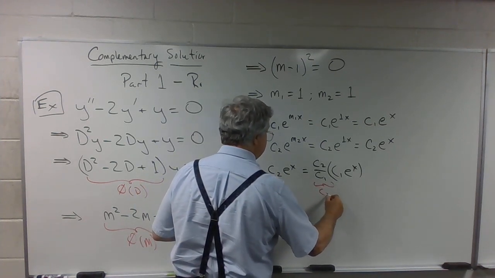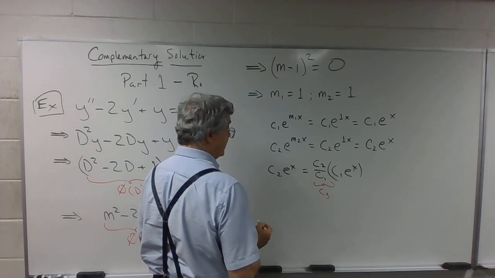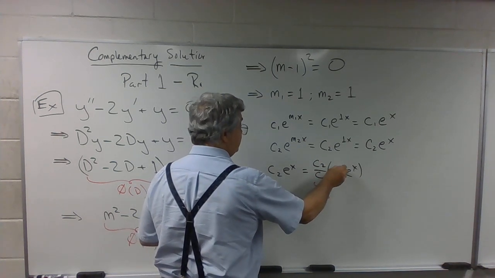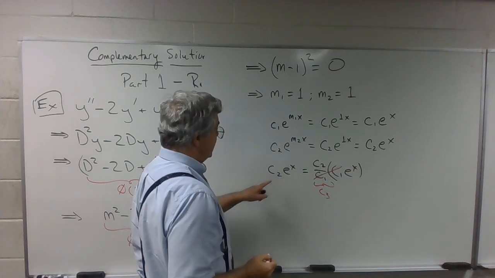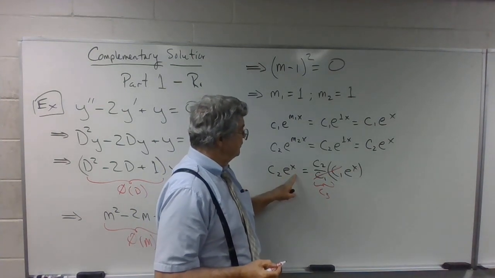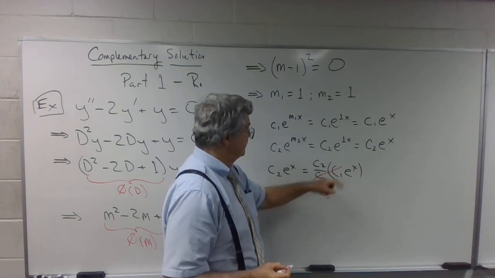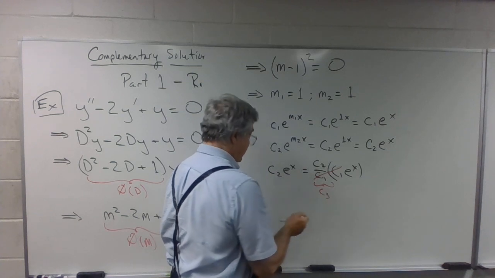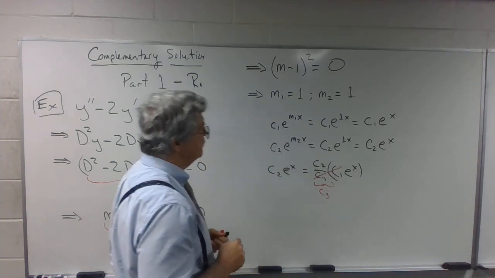We'll call that c3. A constant divided by a constant is a constant. And see, the c1s just cancel. And c2 e to the x is just c3 times c1 e to the x. We only have one independent solution here.